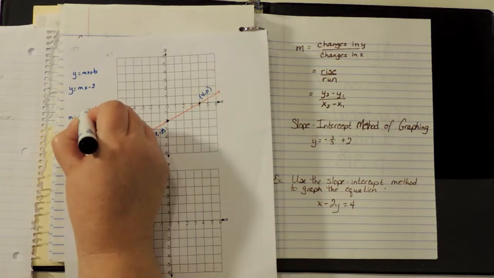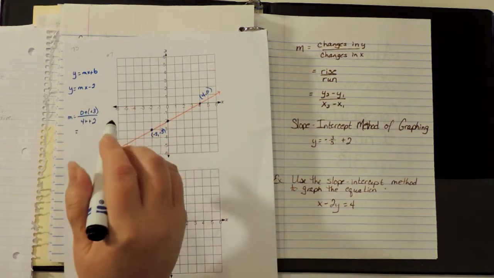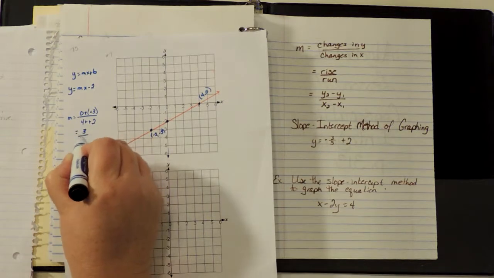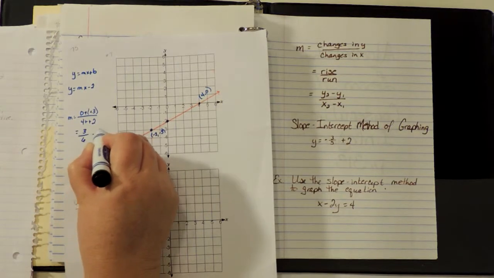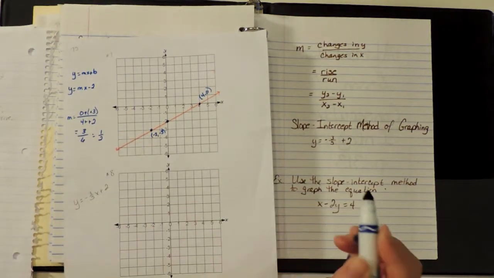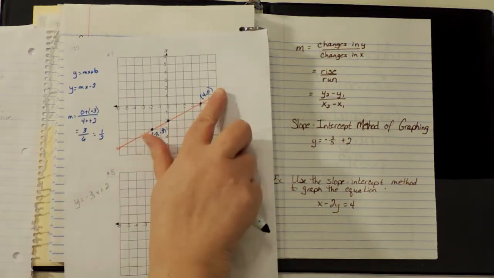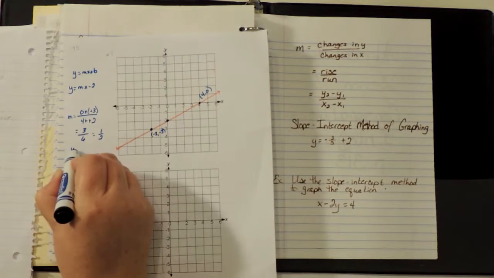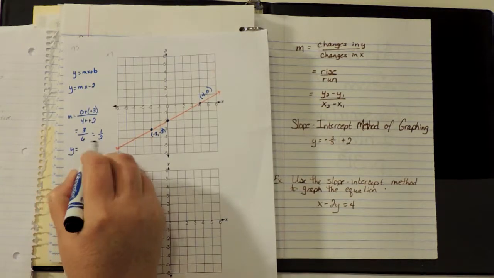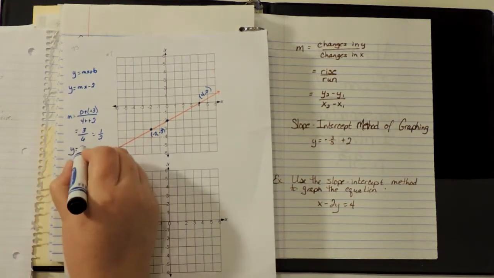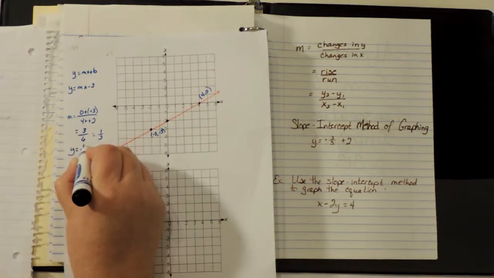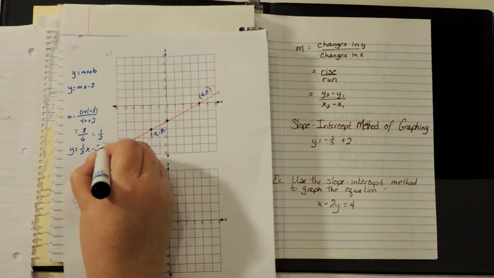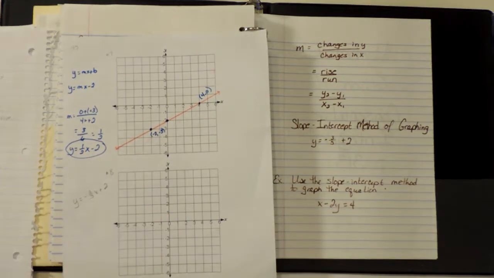So this is going to equal, those two minuses cancel, so we have 3 over 6, which equals 1/2. And sure enough, it's a positive slope. We're going uphill. So the equation for this line is going to be y equals the m, which is 1/2, x, and the y-intercept was -2. And this would be the equation for this line.